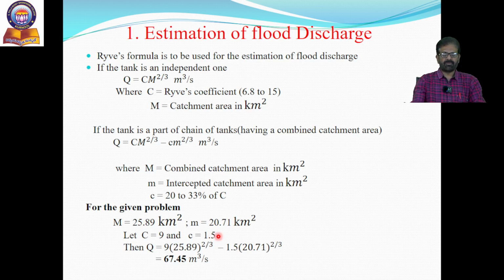By substituting all these values, we will get the flood discharge as 67.45 cumecs, 67.45 meter cube per second. It is the estimated flood discharge for the design of the surplus weir. This is the first step for the design of the surplus weir. I hope it is clear.